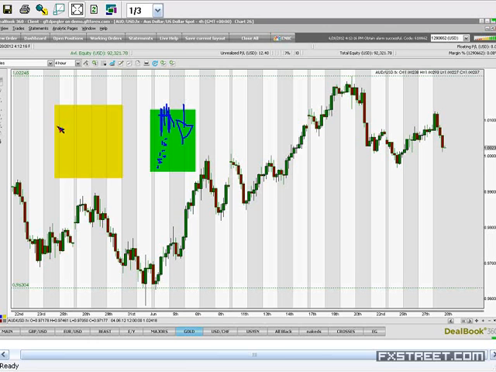Now we're going to look at this side as the daily chart. This is daily and 4 hour.